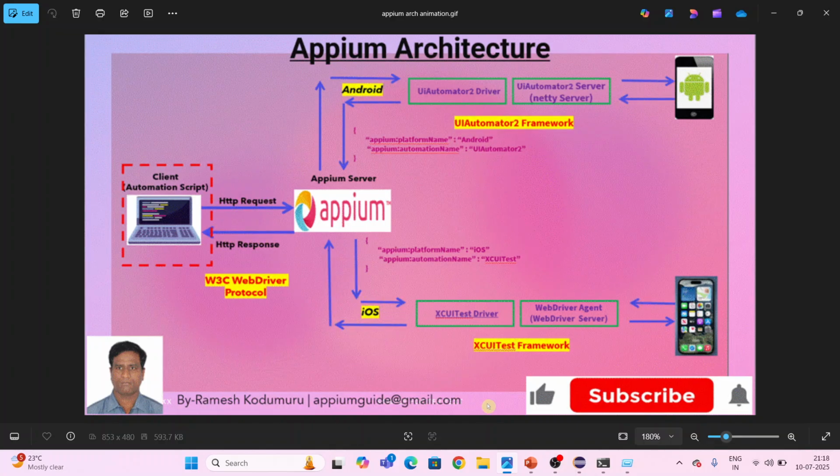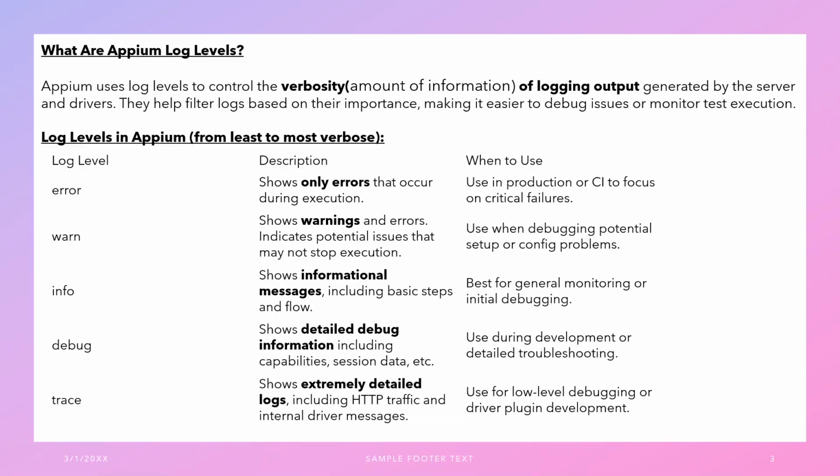Information passed from the client to the server is known as server level information, and from the server to the end device it is known as driver level information. So we have two types of information: server level and driver level. In the PPT, log levels can be specified for logs generated by the server and by the drivers.